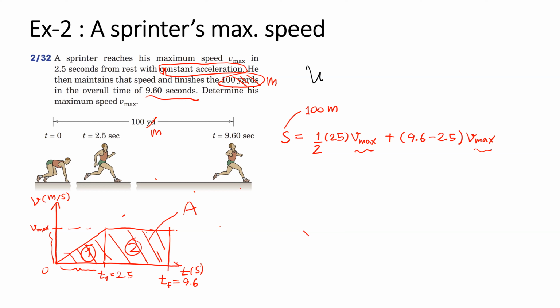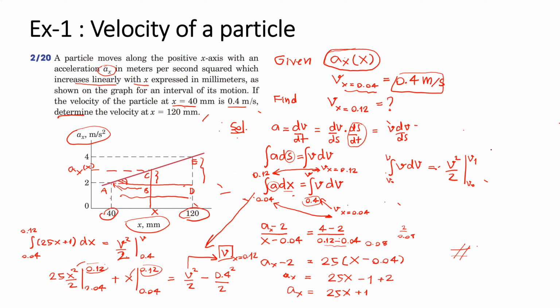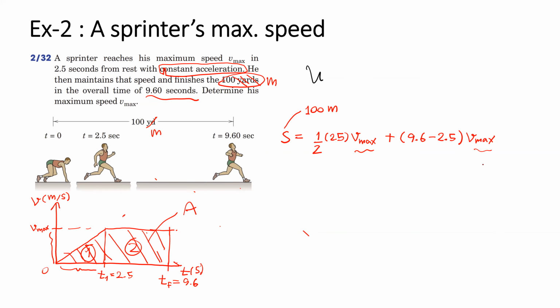It's easy, right? So you can see that in some problems, you need to do a lot of integration with the limits of integration. See the plot, but in this problem, the challenge is how you understand the meaning of the velocity profile.